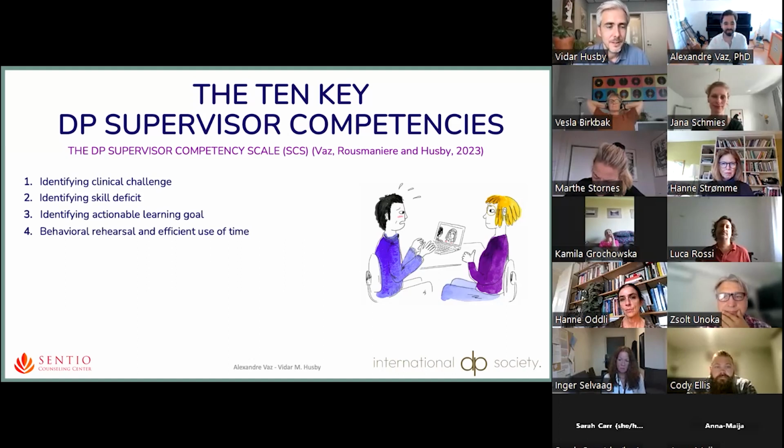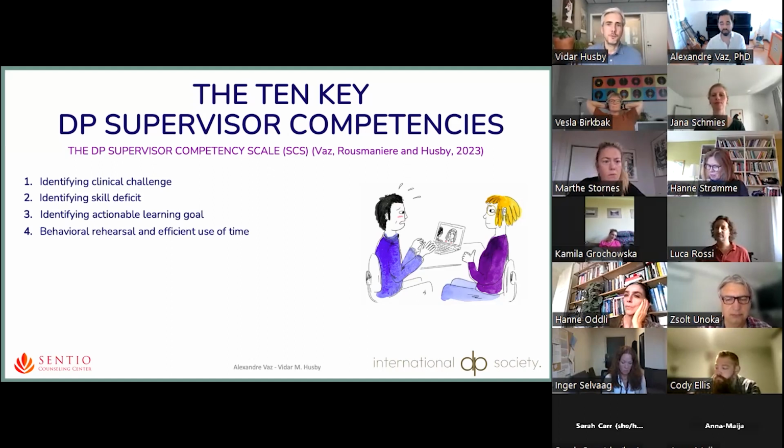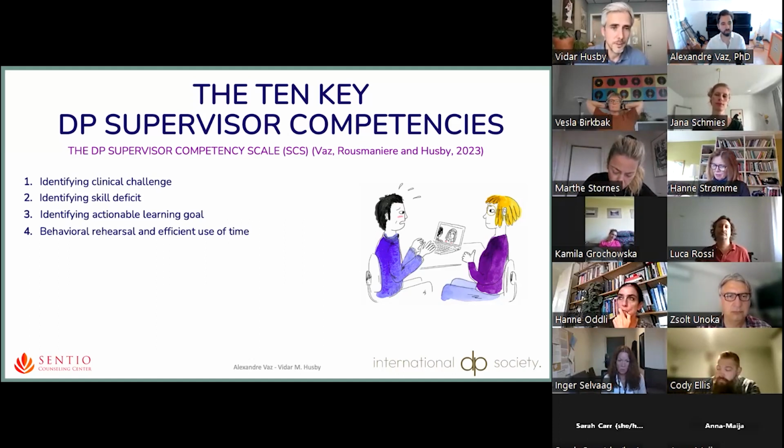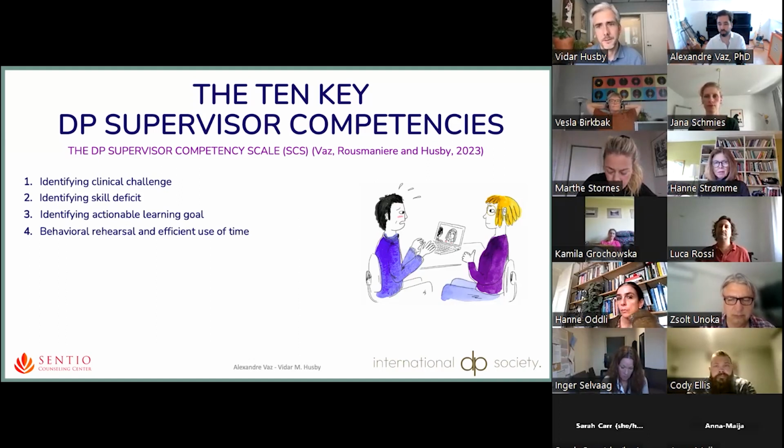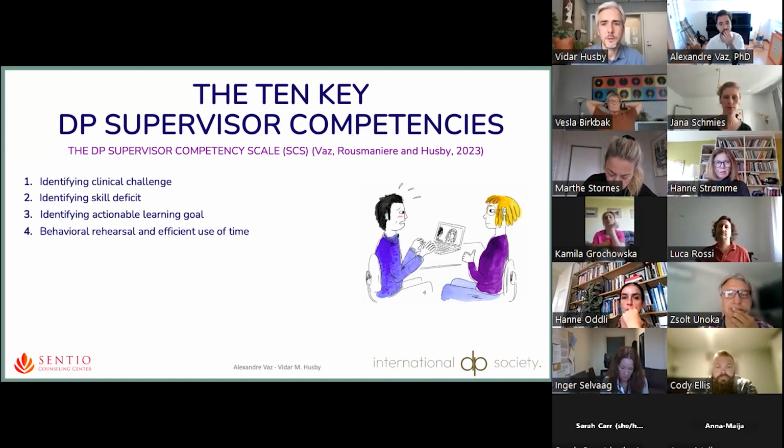Next one is behavioral rehearsal and efficient use of time. The training enables you to provide clear process guidance that encourages moving from theory and discussion to actually practicing behaviorally, and also to gently and tactfully limit theoretical discussion and encourage time for ongoing rehearsal, repetition, and successive refinement.